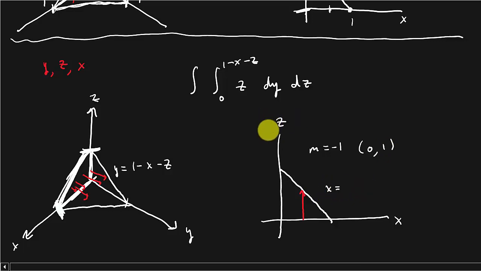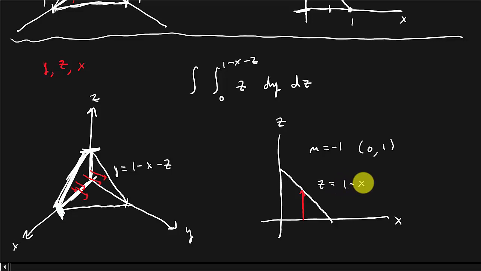See, the z is like your y-axis now. I'm sorry. It's going to be z equals -x plus 1, which is 1 minus x.